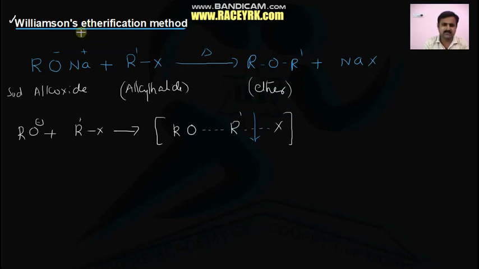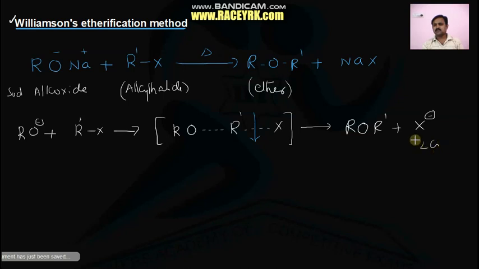After the separation of the halide, we will get ROR dash as ether, and the halide separates. That is the leaving group. The halide is the leaving group in this case. So this is the ether obtained. It follows the SN2 reaction mechanism.